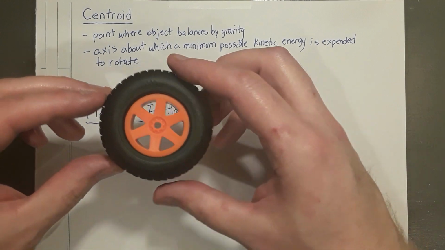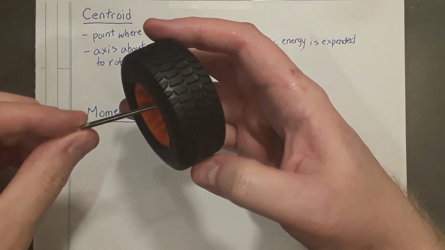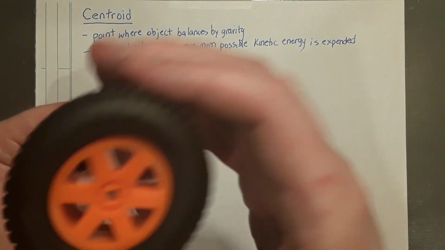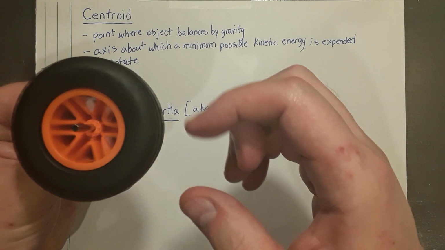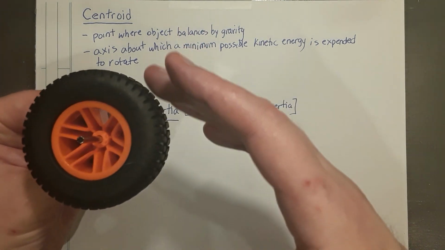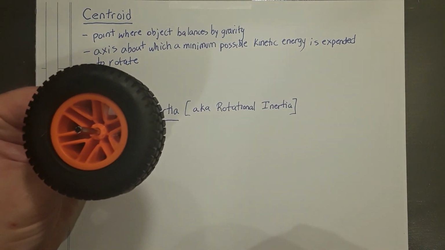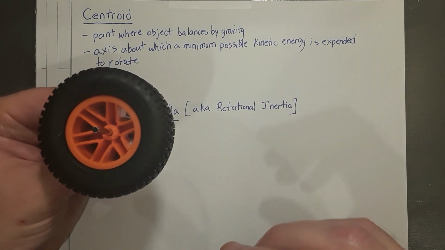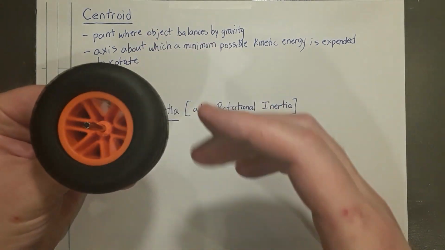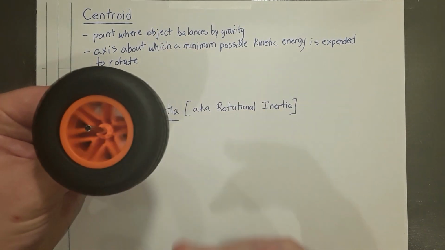So if I take this wheel and put it on an axis which is through its centroid, when I rotate this object by exerting a force that is off the axis of rotation and causing it to have a clockwise torque and a clockwise spin, this object offers the minimum possible moment of inertia, the minimum possible resistance to rotation, when I try to rotate the object around an axis that goes through its center of mass.